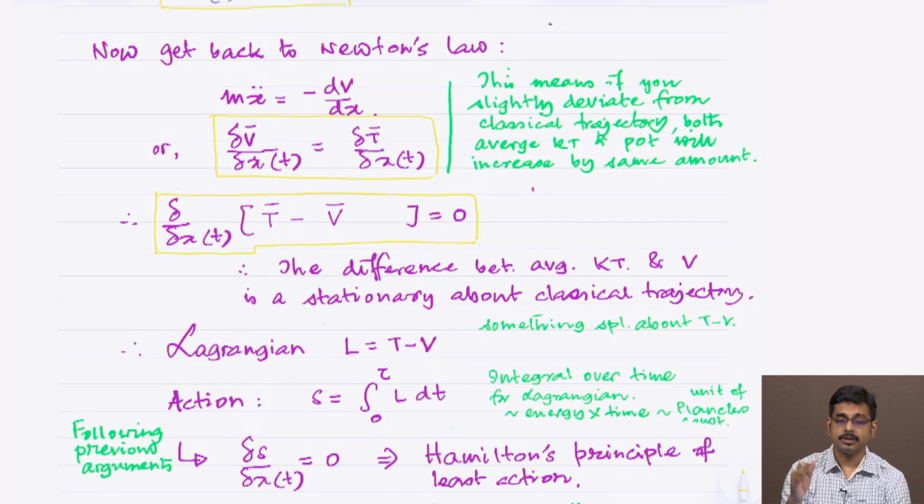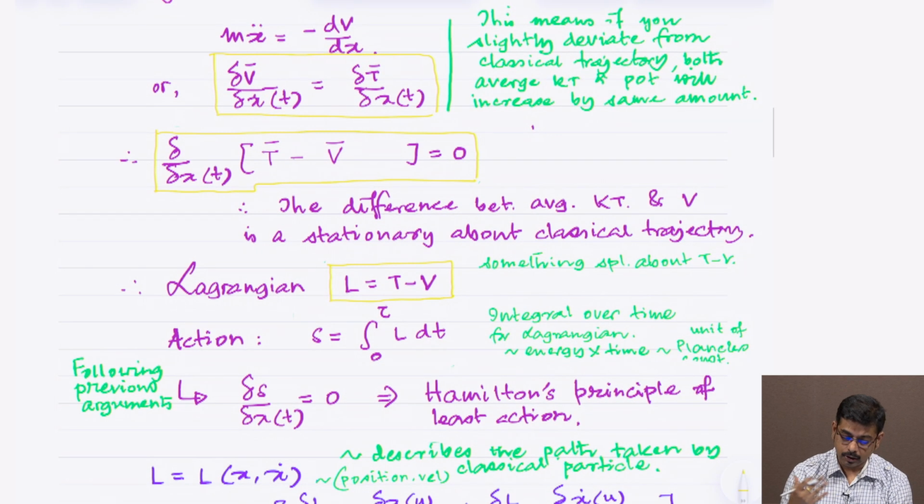This gives rise to the definition of the Lagrangian, which is T minus V, and then you can construct what we call the action, which is the integral over time of the Lagrangian. So, this is the integral of L dt over the time interval 0 to tau.